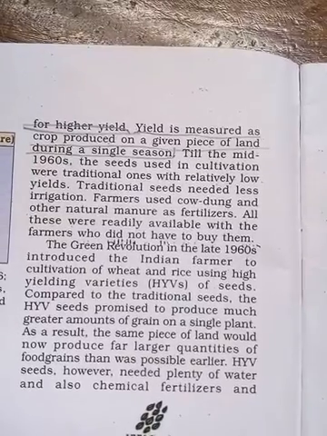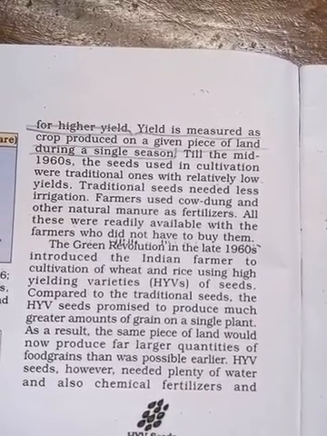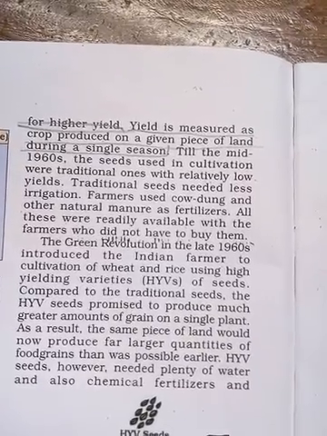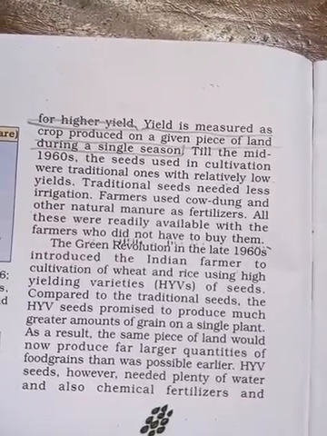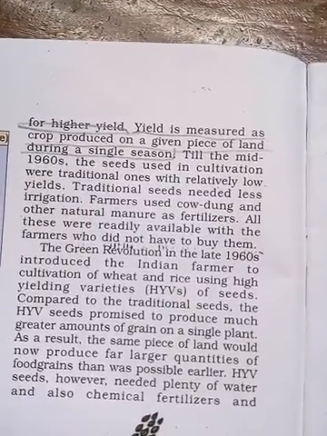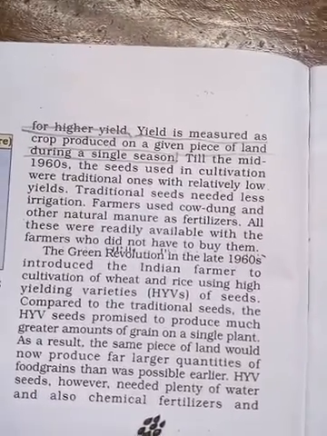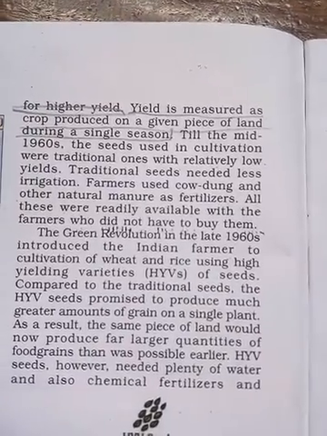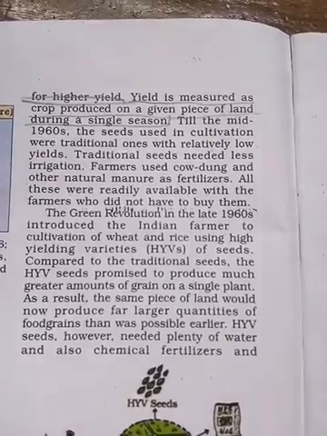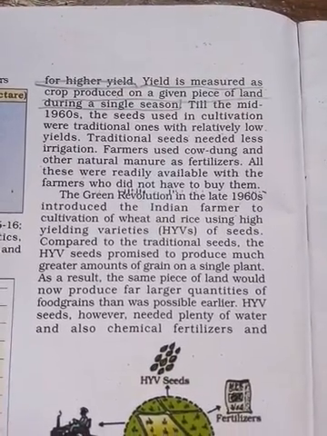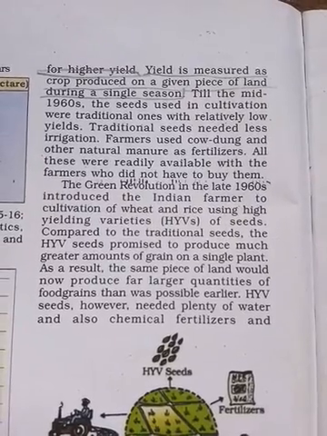If we plant naturally, the bearing of fruit is very less. If you use good varieties, they are going to produce a large amount. Till the mid-1960s, the seeds used in cultivation were traditional ones and relatively low yield.